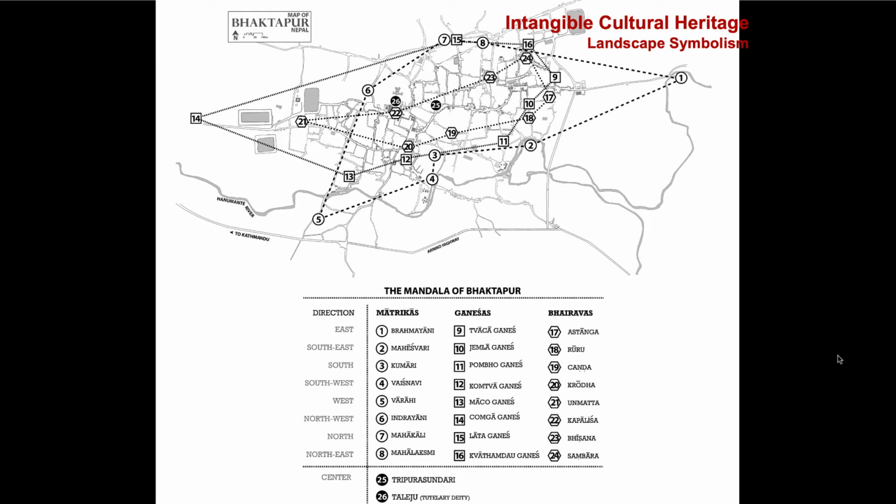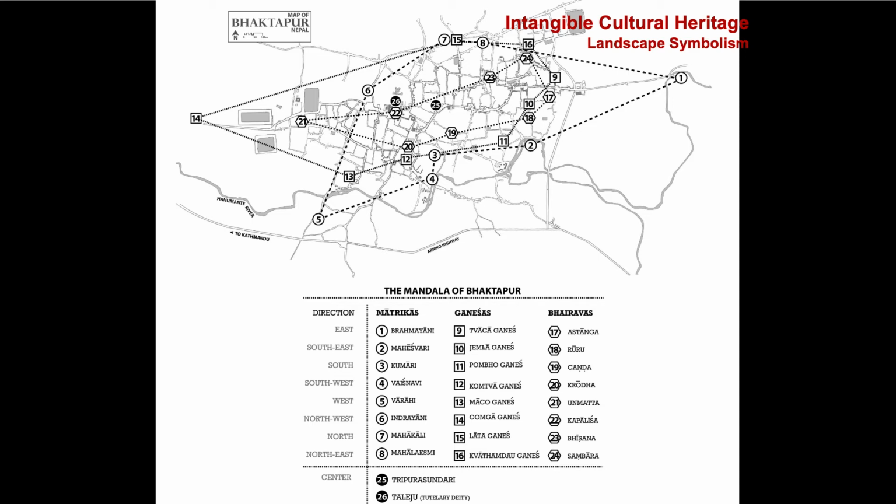And there are 8 Ganeshas, and there are 8 temples dedicated to these Ganesha deities. And then if you move further into the town, there is another circle of shrines dedicated to another type of deity called Bhairavas.